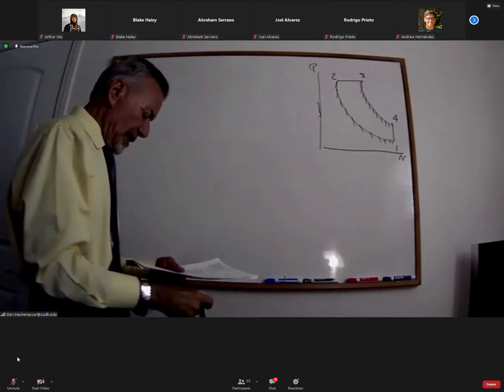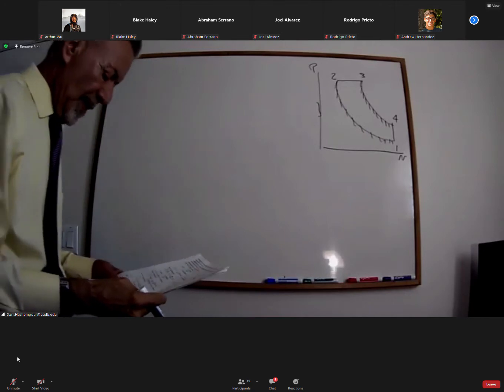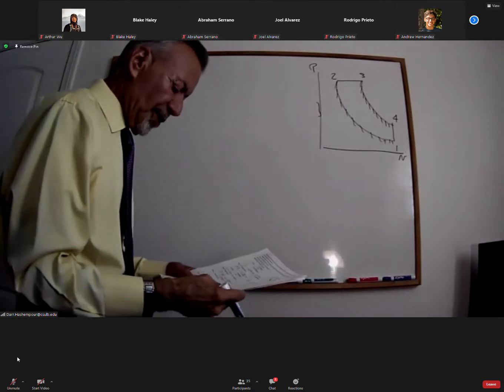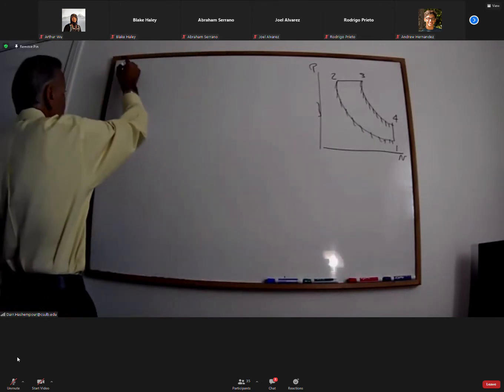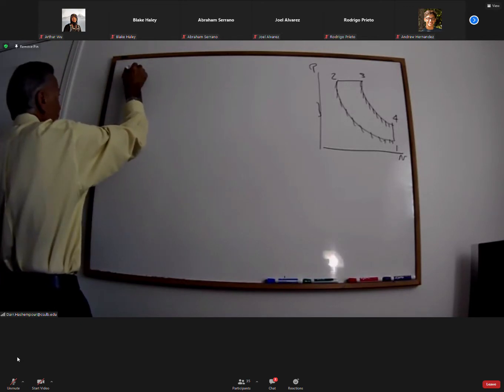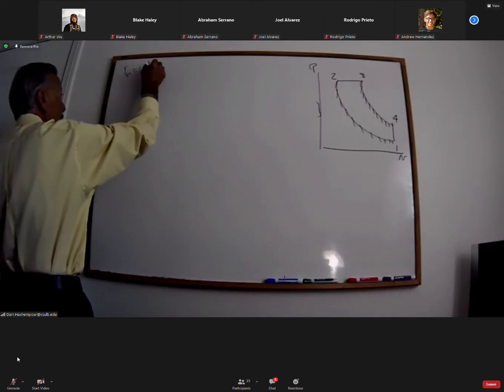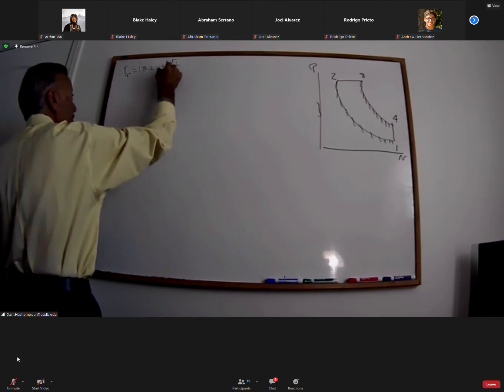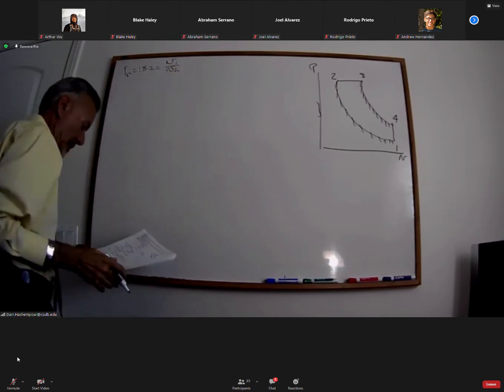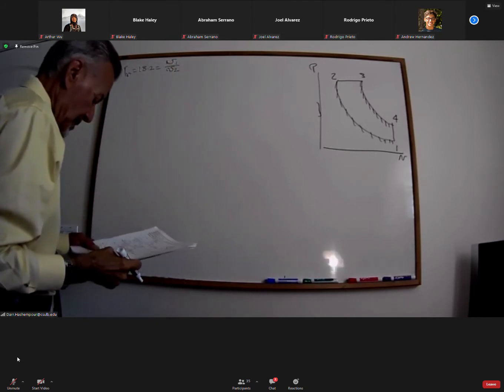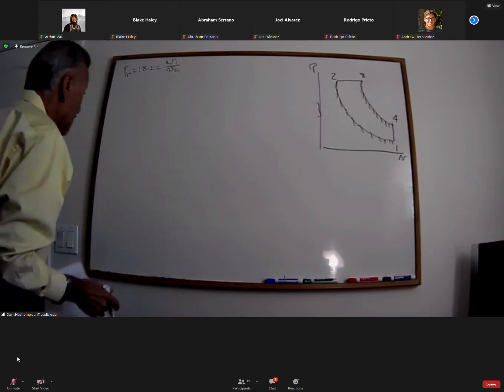Now, once again, air standard diesel cycle has a compression ratio RV of 18.2. This one is V1 over V2. The air enters the compressor.